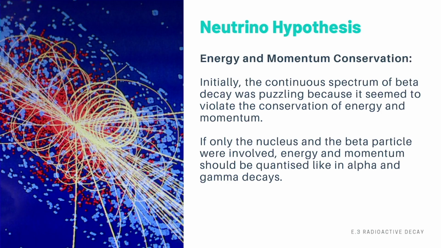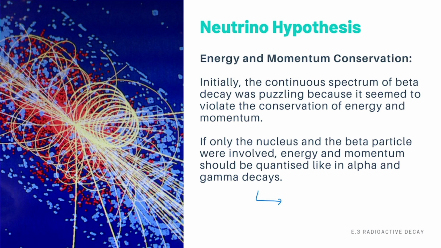Well, the fact that beta particles don't have discrete energies really violates this idea of energy and momentum conservation. If only the nucleus and the beta particle were involved, then energy and momentum should be quantized like in alpha and gamma decays. So something else had to be there to help balance everything out.